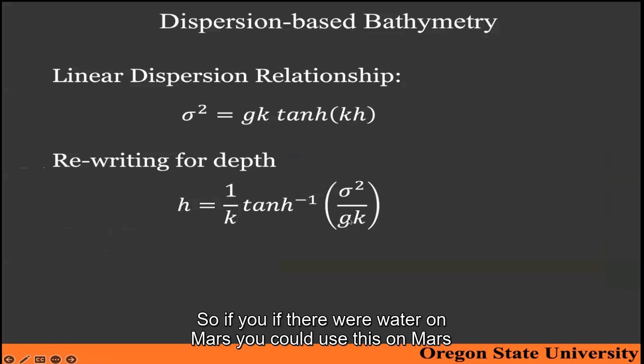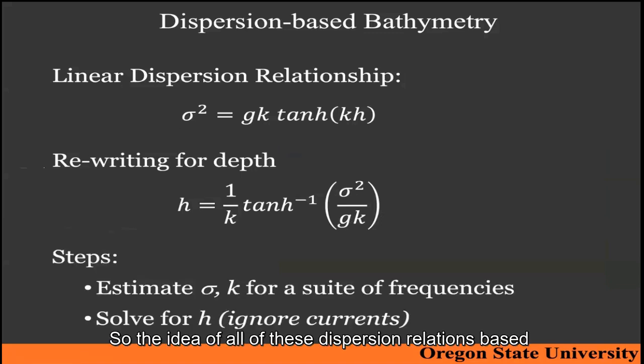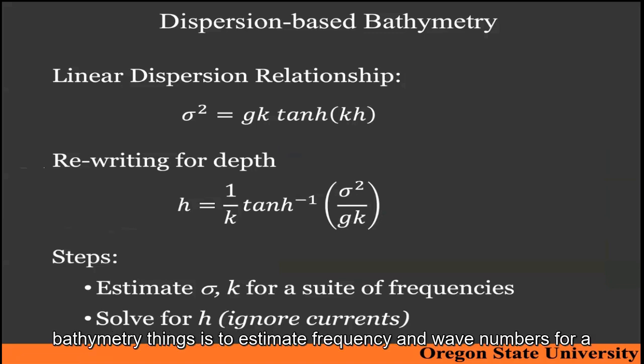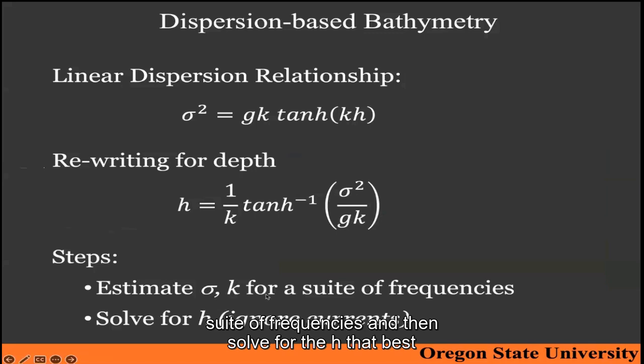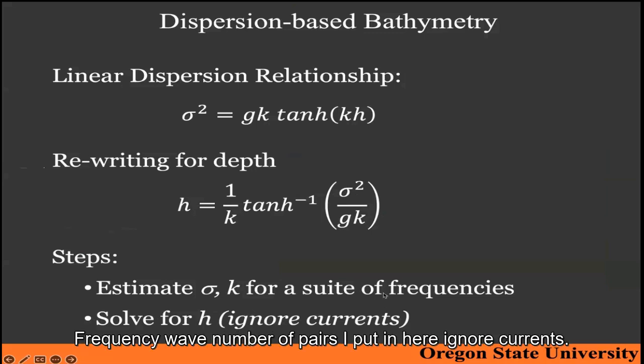So if there were water on Mars, you could use this on Mars with a different G. The idea of all of these dispersion relation based bathymetry methods is to estimate frequency and wave numbers for a suite of frequencies and then solve for the h that best matches those frequency, wave number pairs.